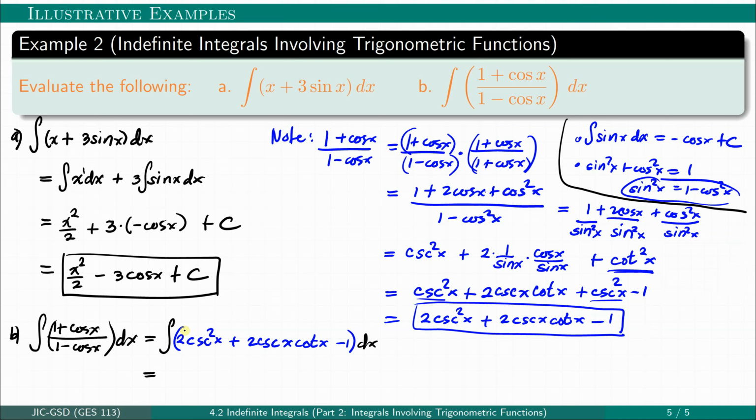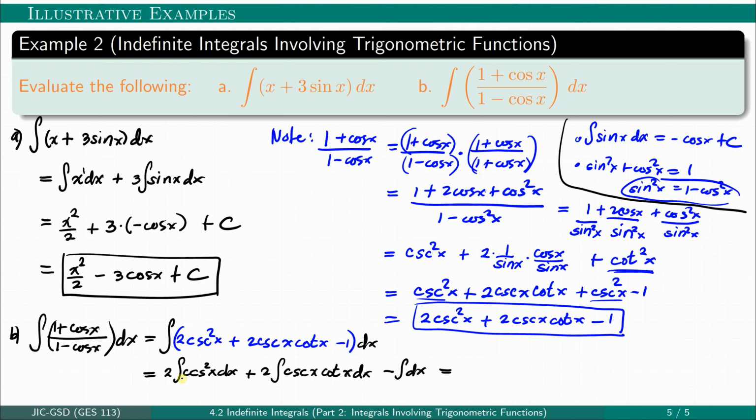Now we have to integrate each of the 3 terms. This will be 2 times the integral of cosecant squared x dx plus 2 times the integral of cosecant x cotangent x dx minus the integral of 1 dx or integral of dx.